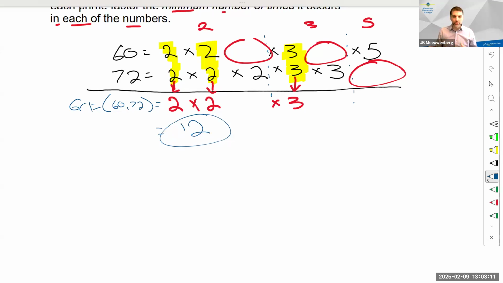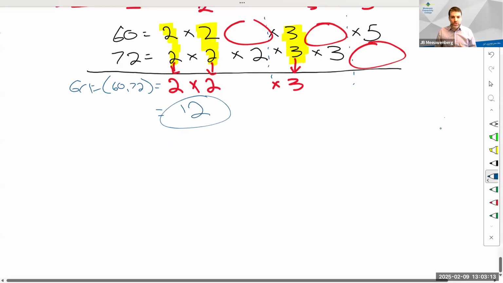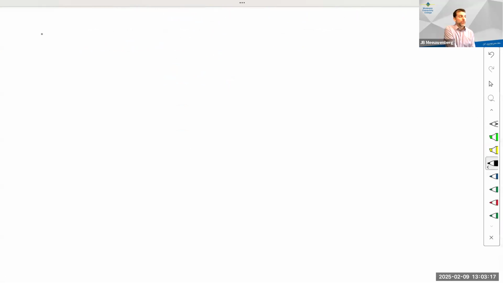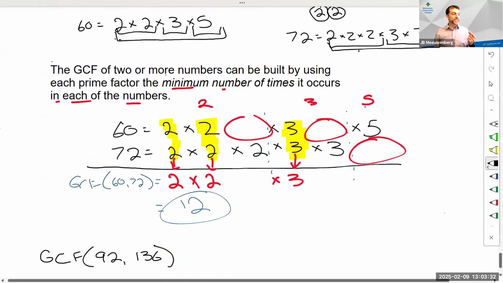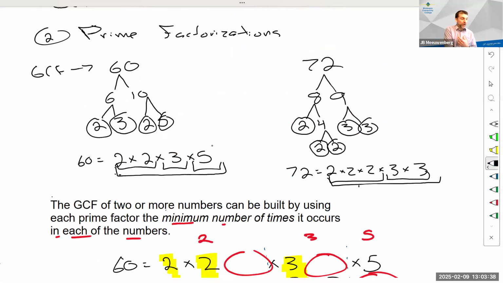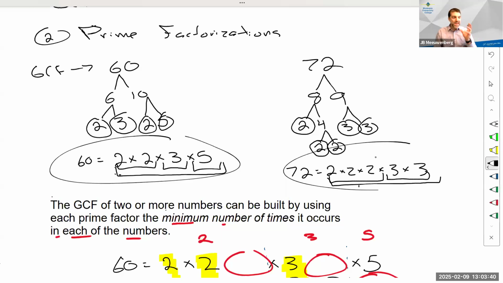So let's try this with a couple numbers. So we're going to do a couple of these. The first one, what I'd like us to try to find is the greatest common factor of 92 and 136. Okay, so we're going to keep in mind the method we just went through, which was start with those prime factorizations so we can see all of the building blocks, right, of the two numbers that we're going to work with.